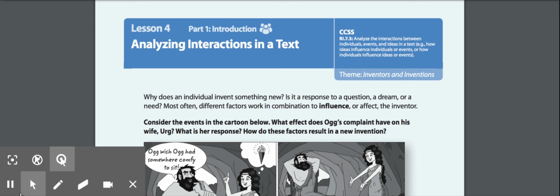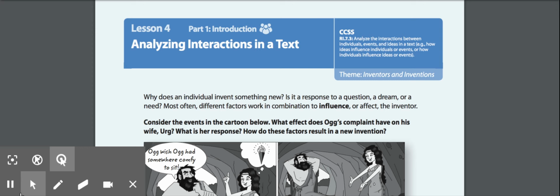Okay, scholars. Today our objective is analyzing interaction in a text. So the what? Students will learn that paying attention to relationships between the different factors presented in the text can help them figure out complex interactions. Our why?